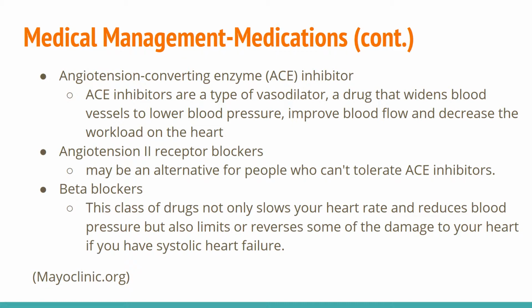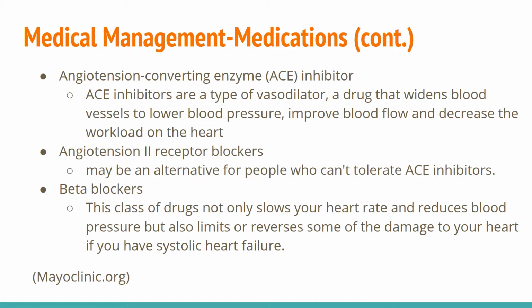Angiotensin converting enzyme inhibitors are a type of vasodilator, a drug that widens blood vessels to lower blood pressure, improve blood flow, and decrease the workload on the heart. Angiotensin II receptor blockers may be an alternative for people who can't tolerate ACE inhibitors.